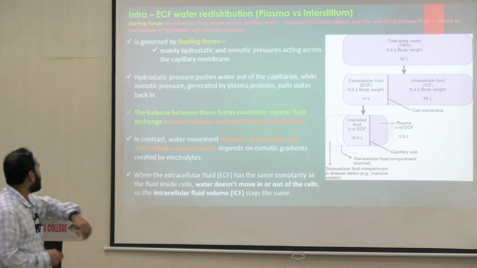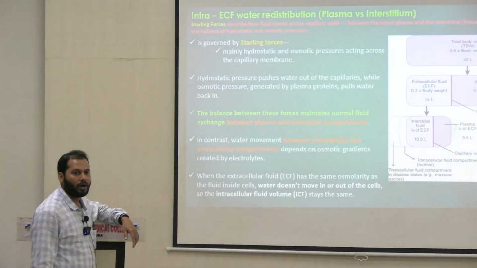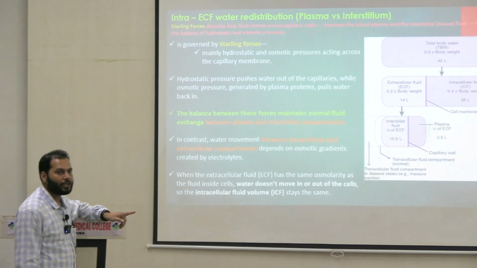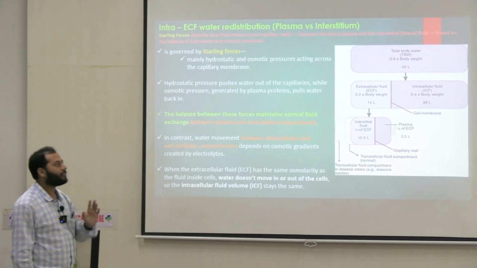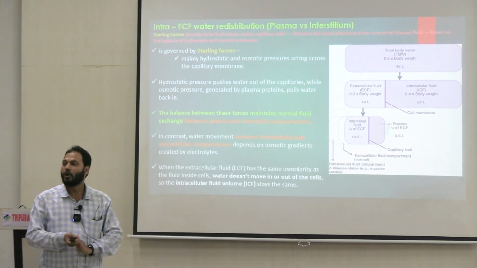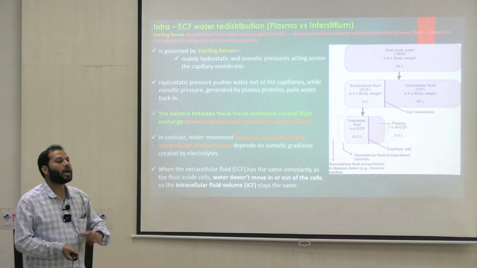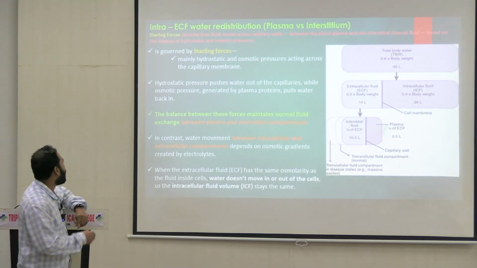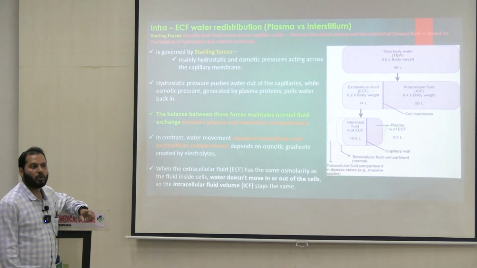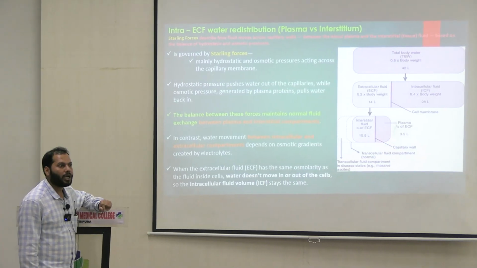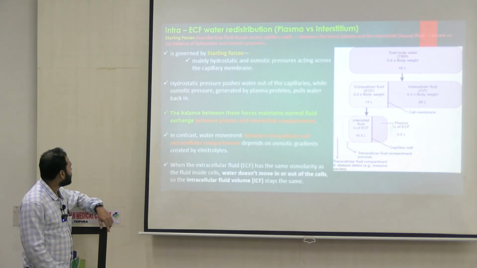Here you can see there is a specific law that acts during the movement of different types of molecules from one fluid compartment to the other, right? That is called the Starling force.